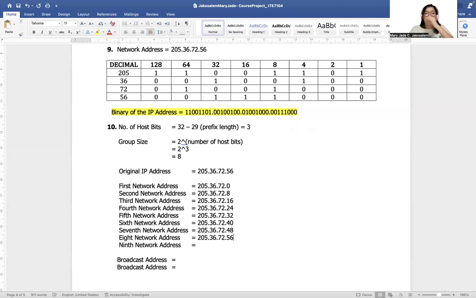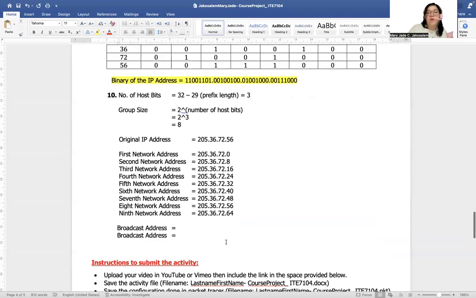So our 8th network address is 205.36.72.56, which is just equal. We have both 56. So we have to add another one, and of course, it's going to be our last one. So our 9th network address, 56 plus 8, is 205.36.72.64 because 56 plus 8 is 64.